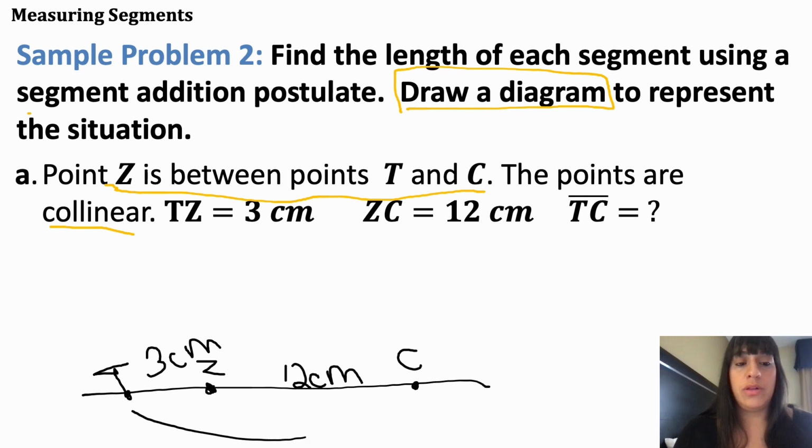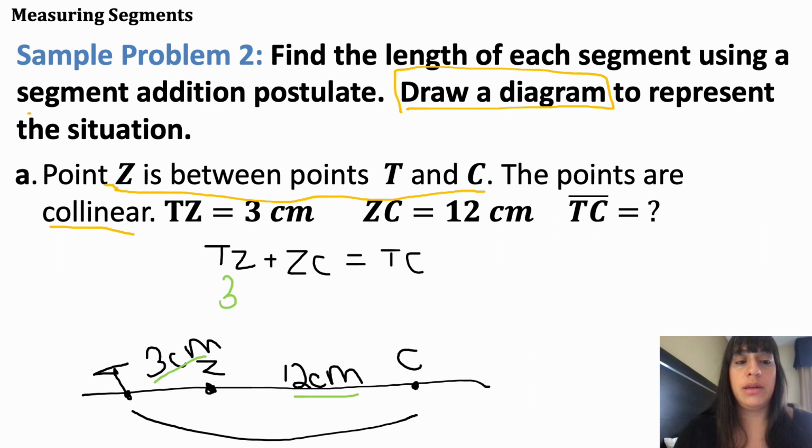So this whole thing. So we would say TZ plus ZC equals TC. Part plus this part equals the whole thing. And now we can substitute this number in and this number in up here.